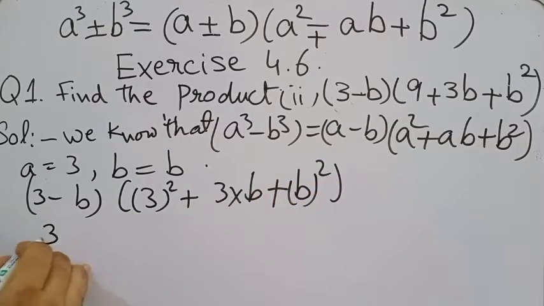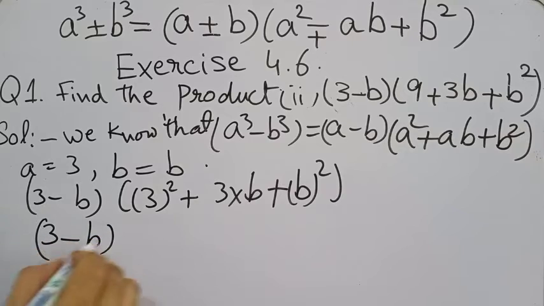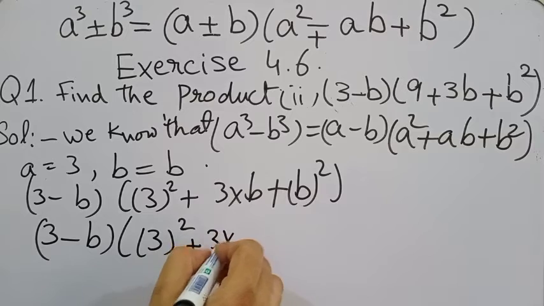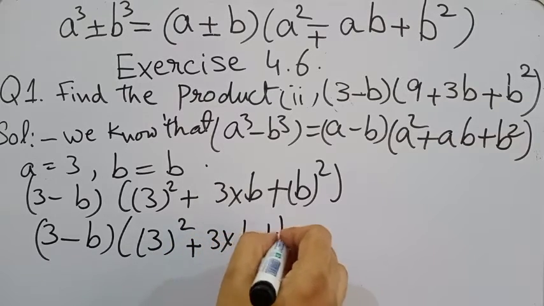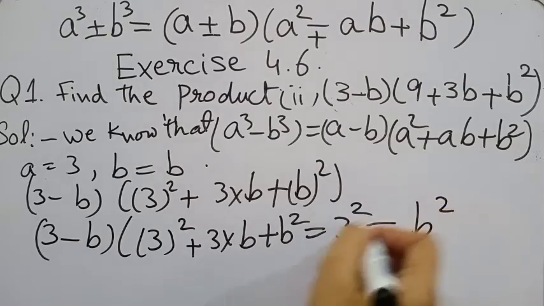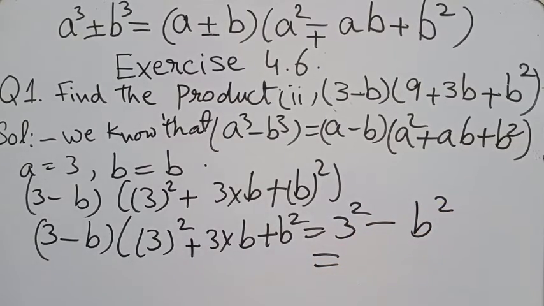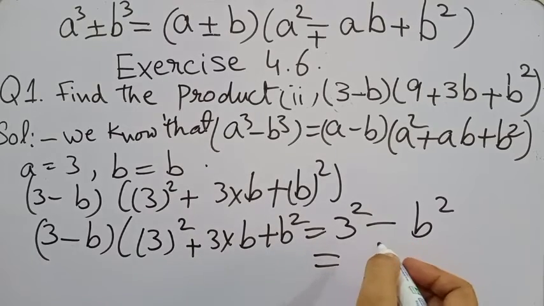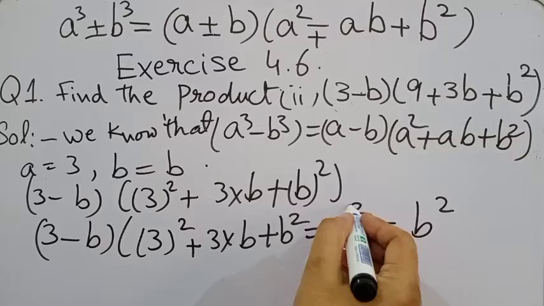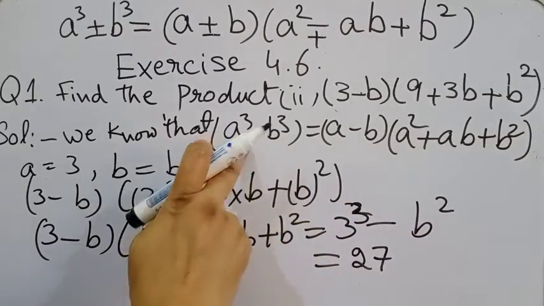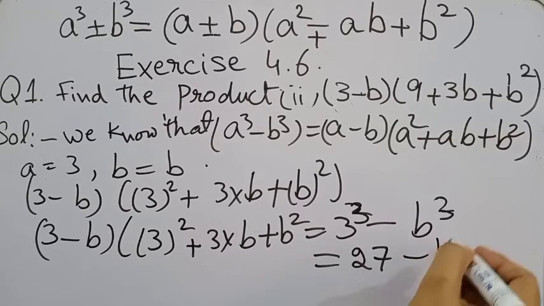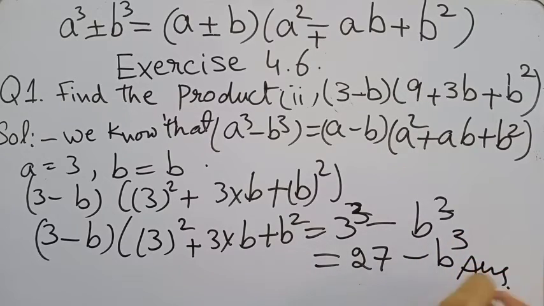This is equal to 3 cube minus b cube, which is 27 minus b cube, which is our answer.